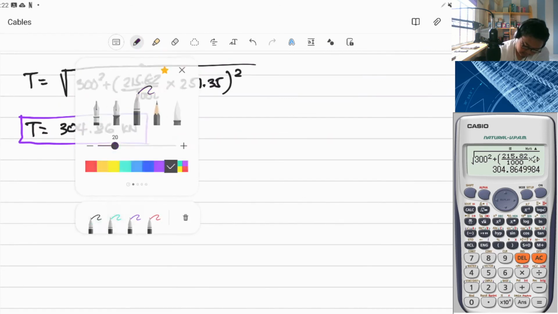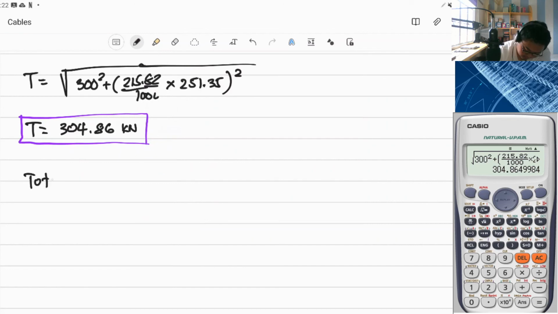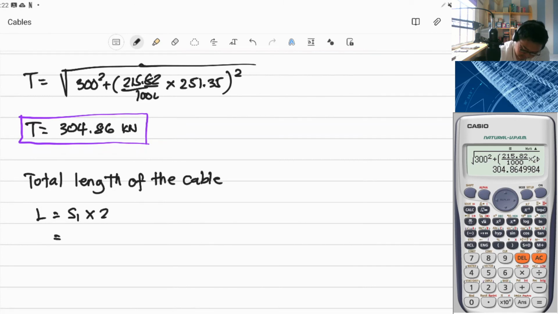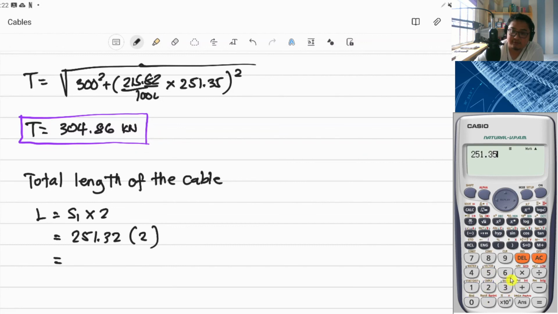We already have S1. The total length of the cable is L equals S1 times 2 because it is symmetrical. So 251.35 times 2 is 502.7 meters.